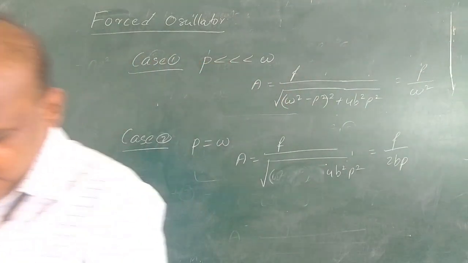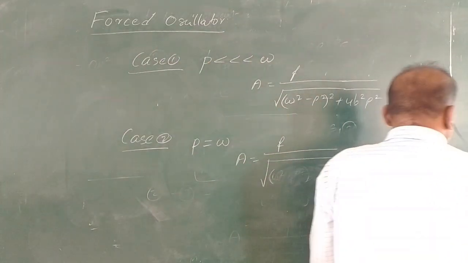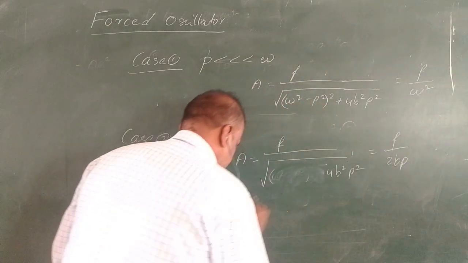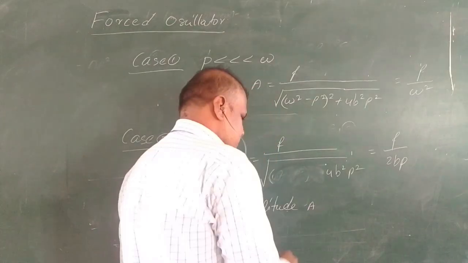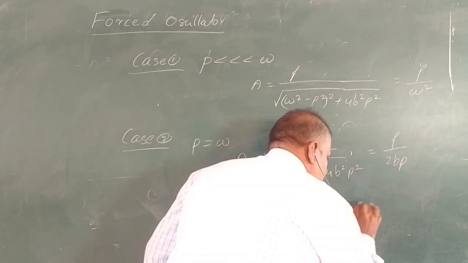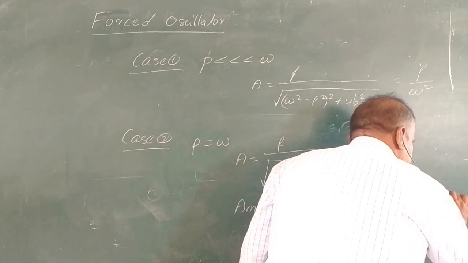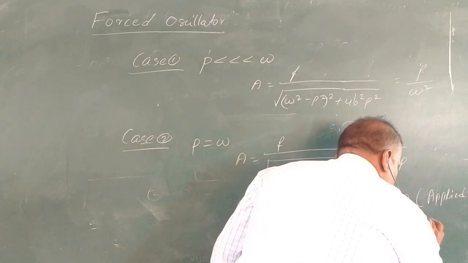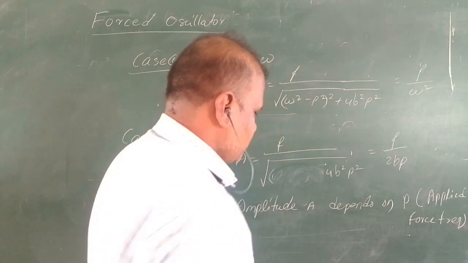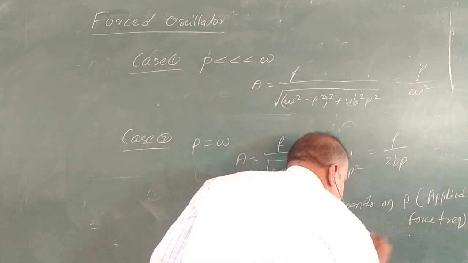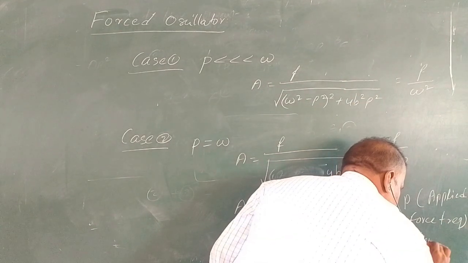So the amplitude A of the forced oscillator depends on p, the frequency of the external applied force, as well as on b, which is related to the friction of the medium.